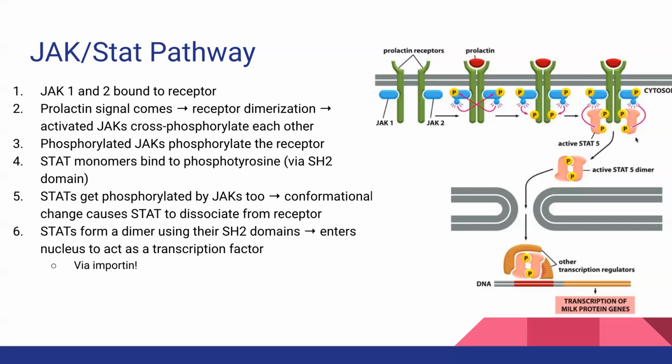That phosphorylation of the STAT is going to cause a conformational change, causing it to change shape and dissociate from the receptor. Does that make sense so far? Okay, and then after they dissociate, the two STATs are going to come together and form a dimer. Then they're going to be brought inside the nucleus through importin, and they're going to act as a transcription factor.